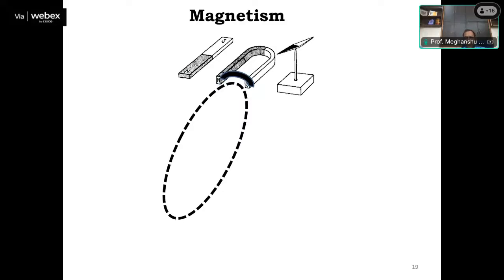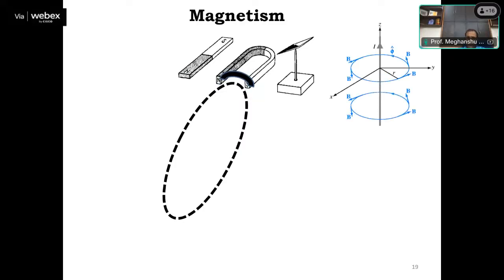We cannot vary this strength, but we have an alternative to change the strength of the magnetic field if we replace the permanent magnet by an electromagnet. In an electromagnet, we have a flow of current, and this flow of current generates a magnetic field.